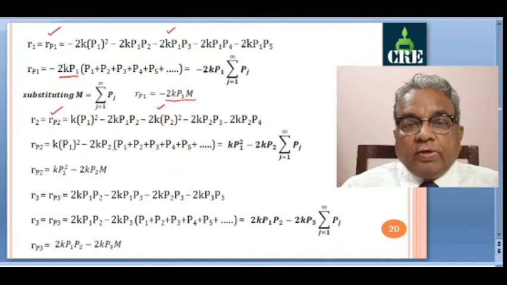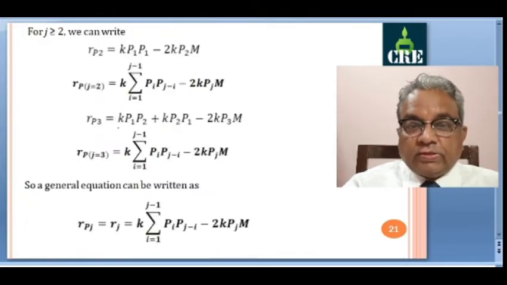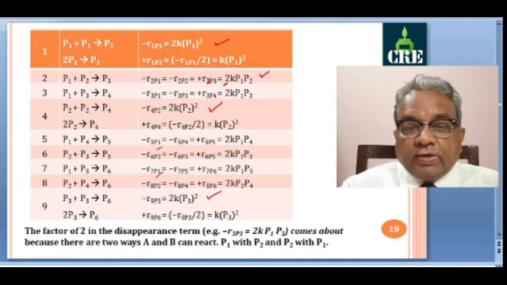Then the next term for P2 is rate of disappearance of P2, 2k P2 P4.